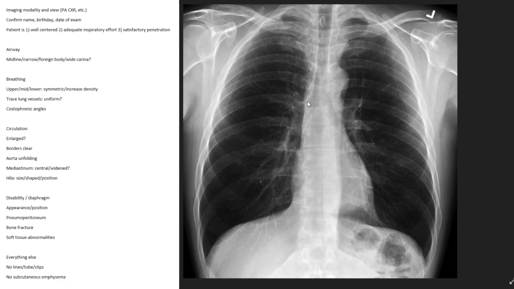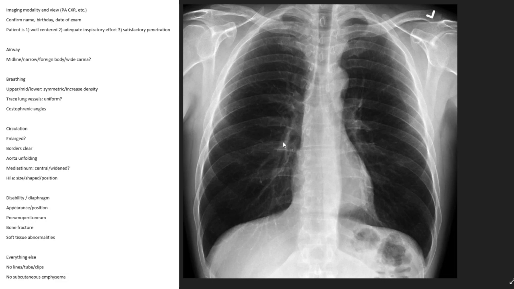It's not widened. And the hila here are not calcified. There are no nodules in the hila. The position and shape are normal.